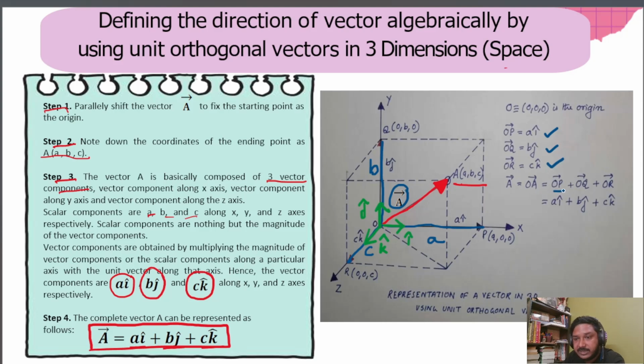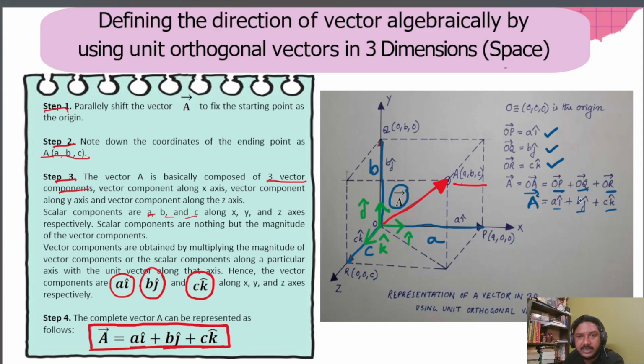So now simply add these three vector components, OP, OQ, and OR. This vector A becomes equal to a i cap plus b j cap plus c k cap. So it will be something into i cap plus something into j cap plus something into k cap. Now this a, b, c can be positive, negative, or zero.